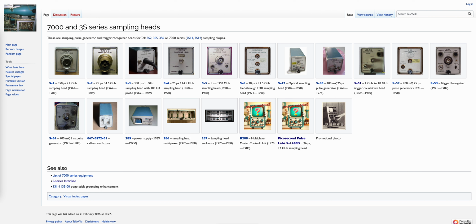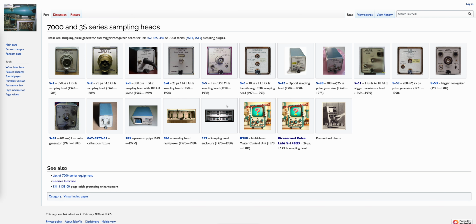And there is an impressive collection of sampling heads. Here we get introduced for the first time to the concept of sampling heads. According to this, impressive frequencies: 11 gigahertz in 1972, 14 gigahertz in 1968.